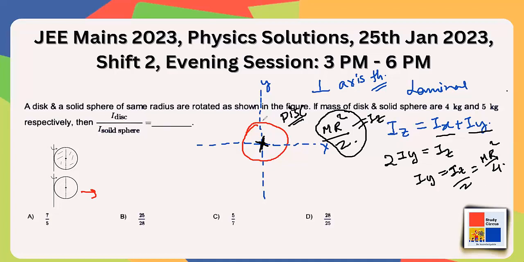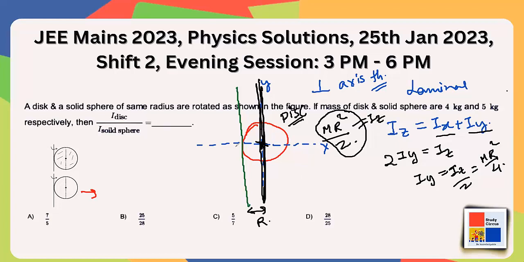So about this axis in the plane of the disk, the moment of inertia is mr square by 4. If I have to find the moment of inertia about this axis, parallel to the y axis but tangent to the disk, then I'll use the parallel axis theorem. The distance between the axes is the radius r of the disk.